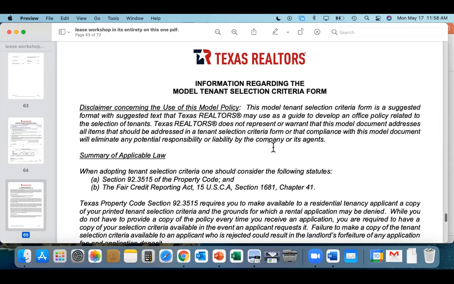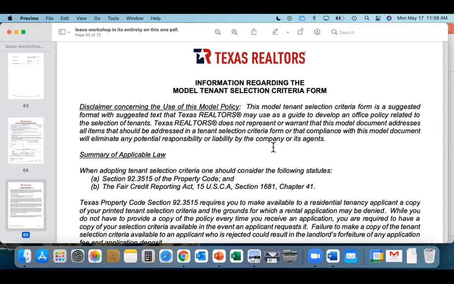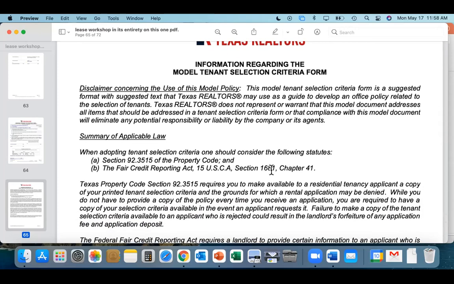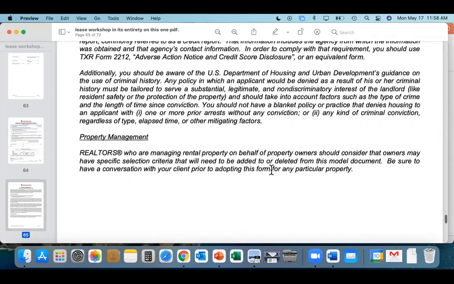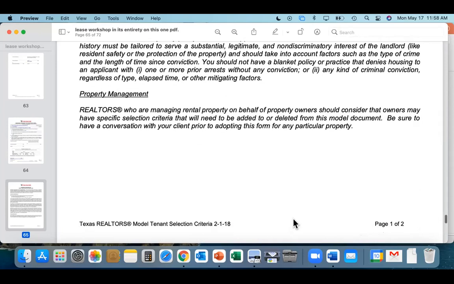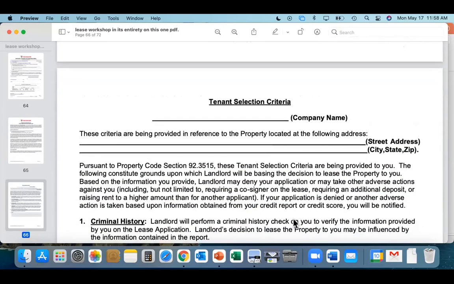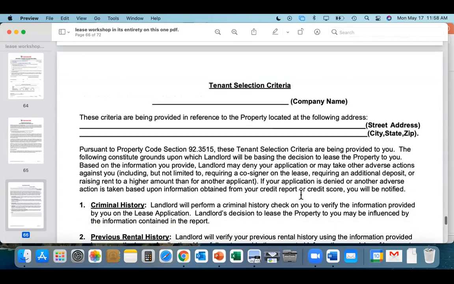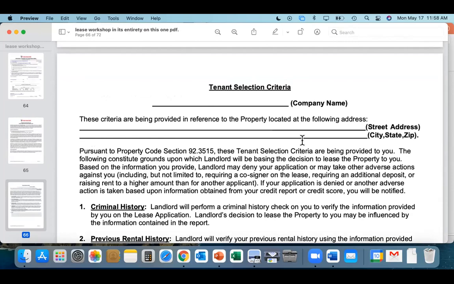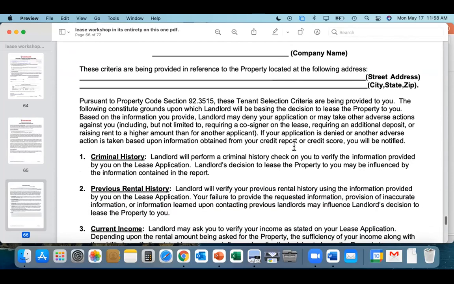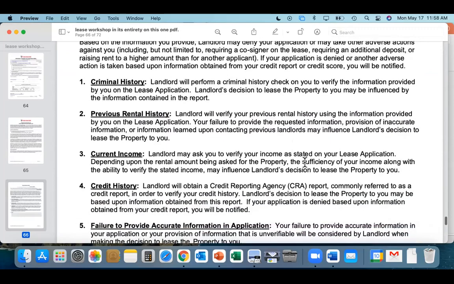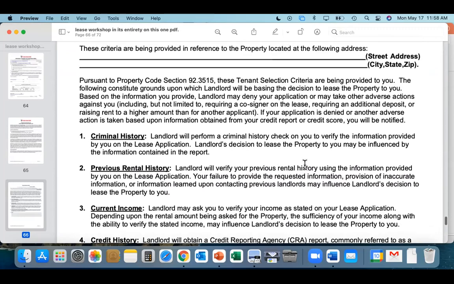And in this case, they have a model tenant selection criteria form. So they don't necessarily have a form for this, but they're telling us here's some model language that you can give your landlord so that way he can provide this to a tenant. You can provide this to the tenant's agent. And it's his selection criteria. It's created by the legal team at Texas Realtors.